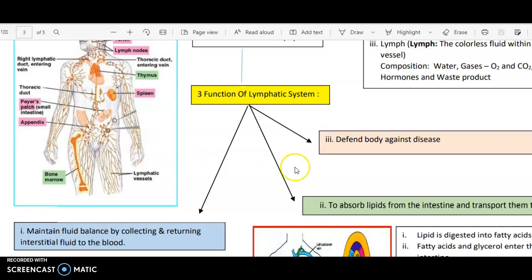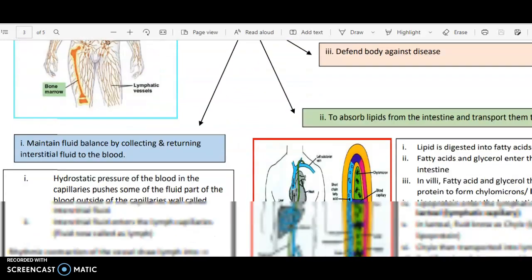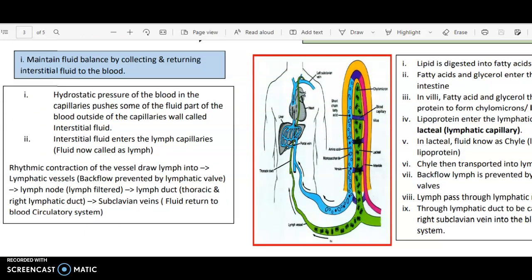This high hydrostatic pressure, because some elements from the blood circulation will drain out, terkeluar. Contohnya apa tu yang terkeluar? Contohnya macam water, gases, oxygen, carbon dioxide, hormon boleh juga. So benda ini terkeluar daripada blood circulation.